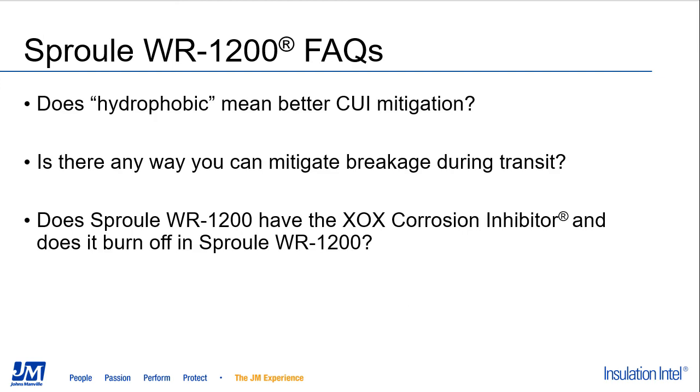Some frequently asked questions for our perlite product line. Does hydrophobic mean better CUI mitigation? While a water resistant or hydrophobic property in an insulation material can help toward decreasing the risk of corrosion under insulation, it is by no means a silver bullet solution for completely mitigating corrosion under insulation.